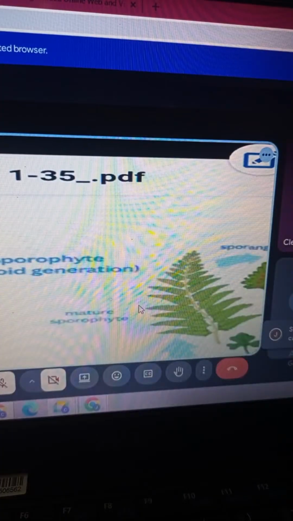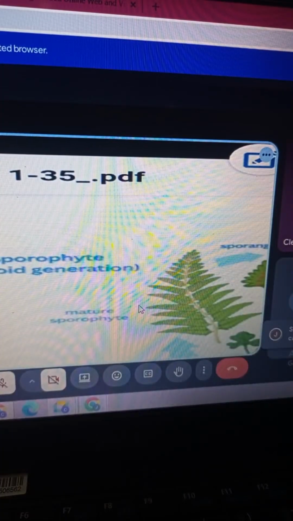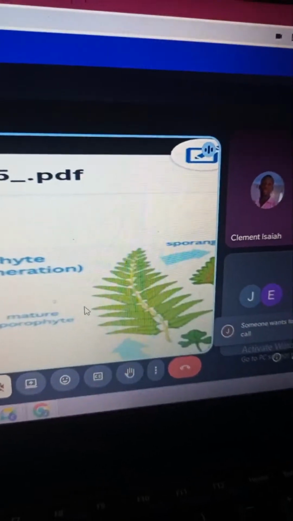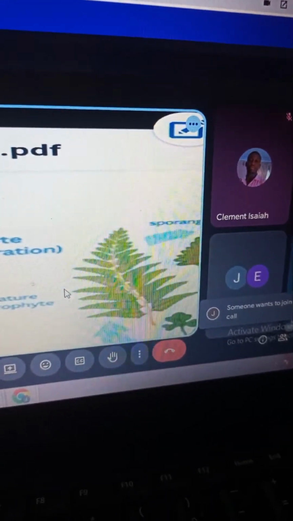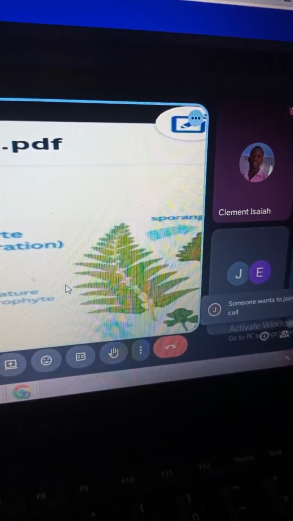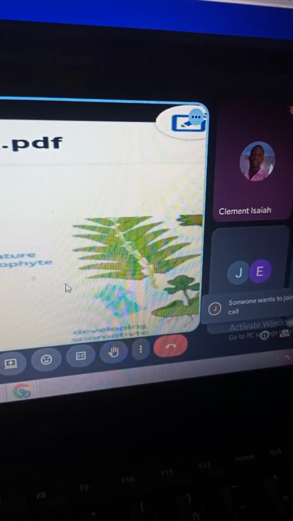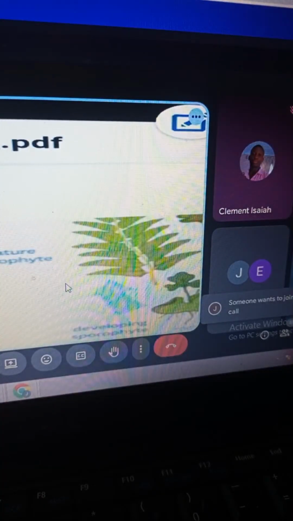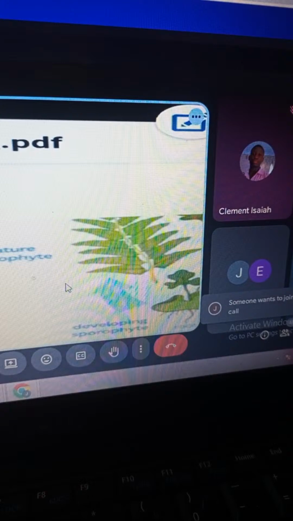So this is how the sporophyte phase looks like. You see that part? Sporophyte, diploid generation. It's everywhere, especially in moist regions, that's where you find it. So you see that gametophyte phase, the haploid generation, where you have the antheridium.